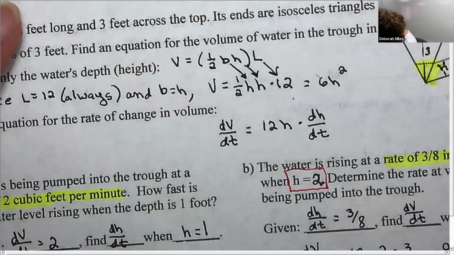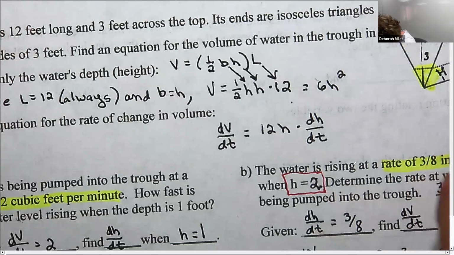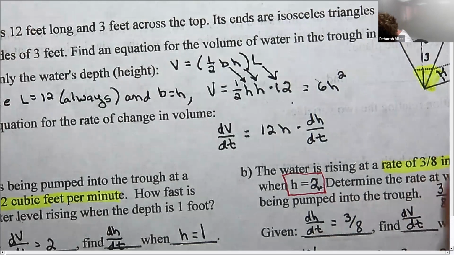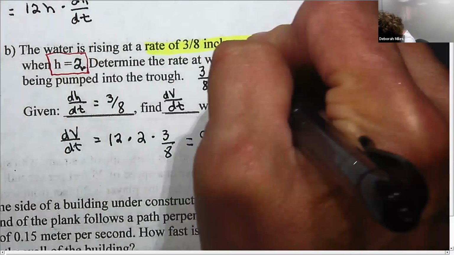Where can I fit that? 3/8 inches per minute. I want to convert it to something that is feet per minute. So what do I have to multiply it by?